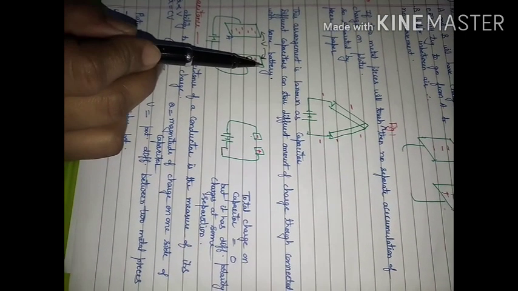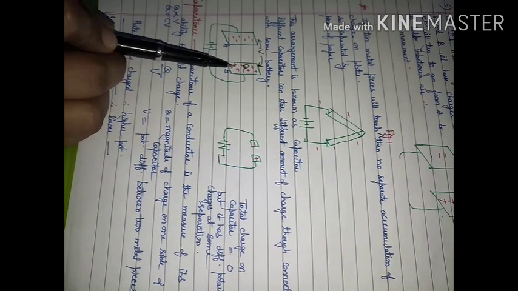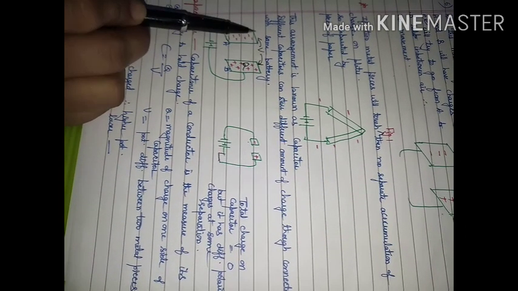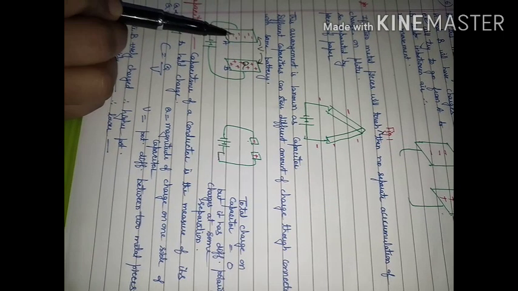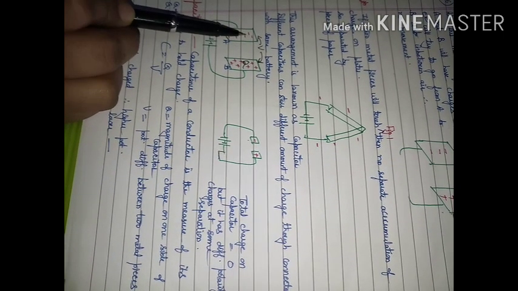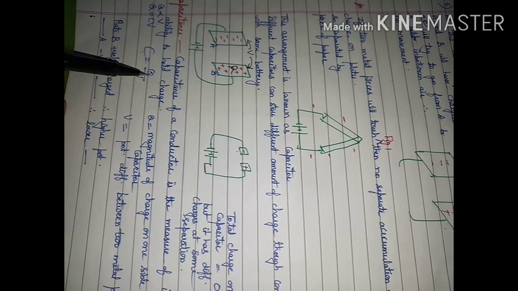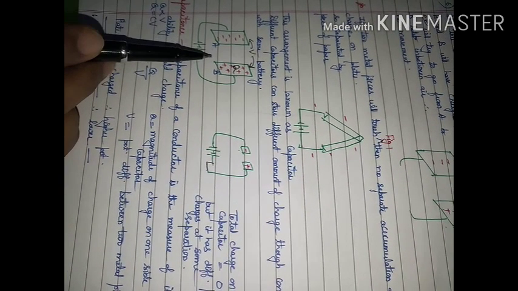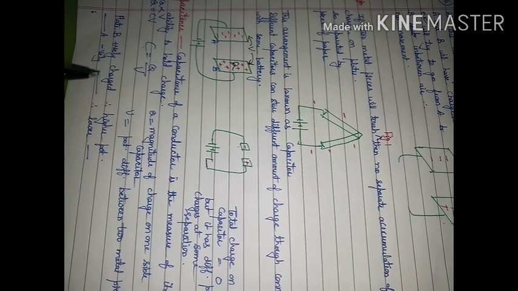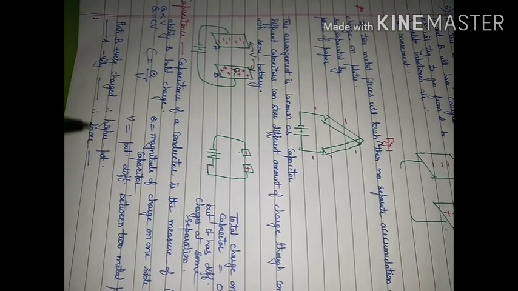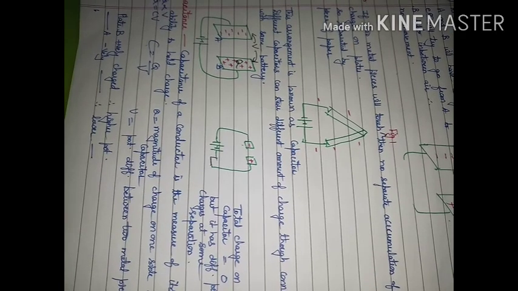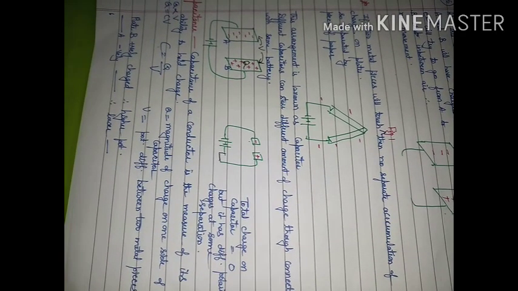This plate is at higher potential because it is positively charged, and this plate is at lower potential because it is negatively charged. So in between these two plates, there will be a potential difference. So capacitance will be equal to the magnitude of charge present on a plate of the capacitor divided by the potential difference between the two metal surfaces.